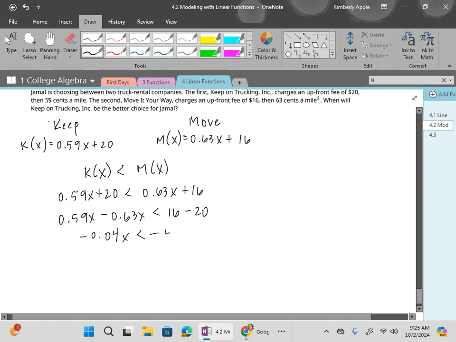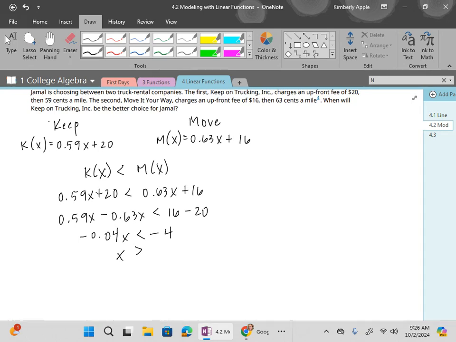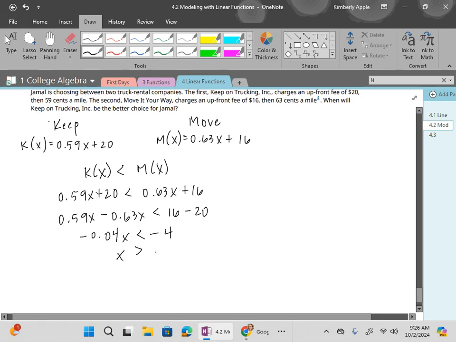And this would be negative 4. What's the next step to solve? Yeah, divide. I'm dividing by a negative, so that sign needs to swap directions. So this would be 4 divided by 0.04, which is 100.